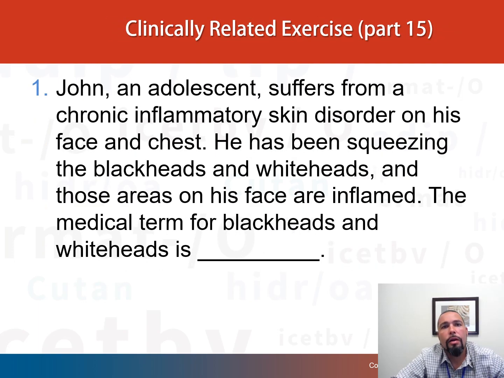So let's go over another exercise here. Johnny's an adolescent and he suffers from chronic inflammation of the skin on his face and his chest. He has been squeezing the blackheads and whiteheads, and those areas on his face are now inflamed. The medical term for blackheads and whiteheads is comedones.